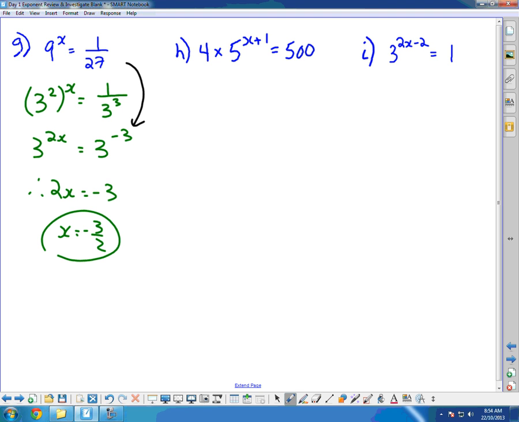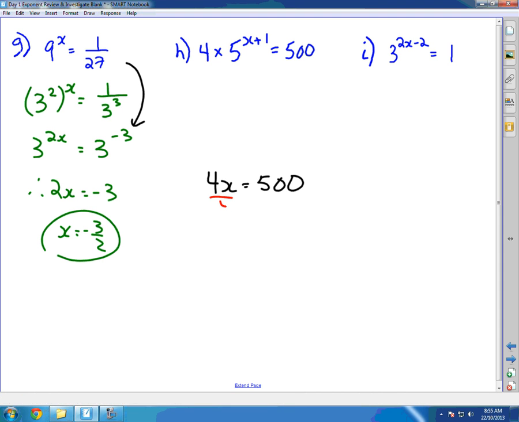All right. Now, before we go off and do H, I want to ask this question. If I had just written this down, 4 times x equals 500, and I want to solve for x, what operation do I do? I divide, because I want to isolate for x, so I got to do the opposite operation.